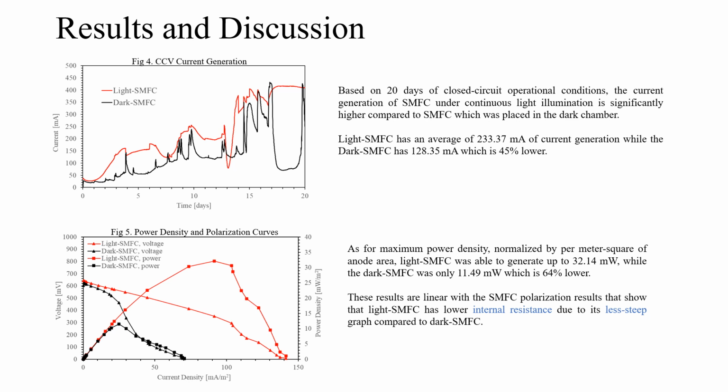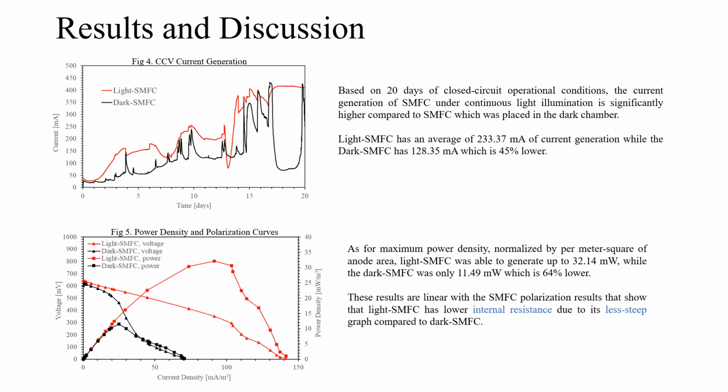The light SMFC has an average of 233 milliampere of current generation, while the dark SMFC has only 128 milliampere, which is 45% lower.